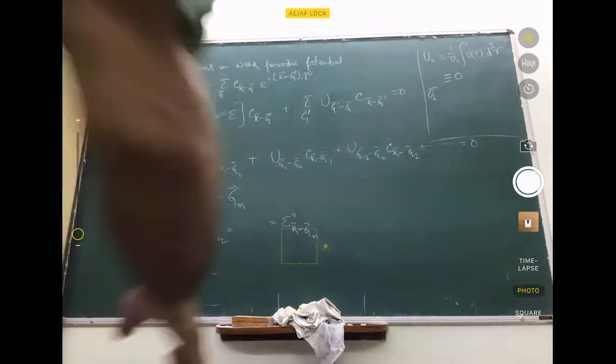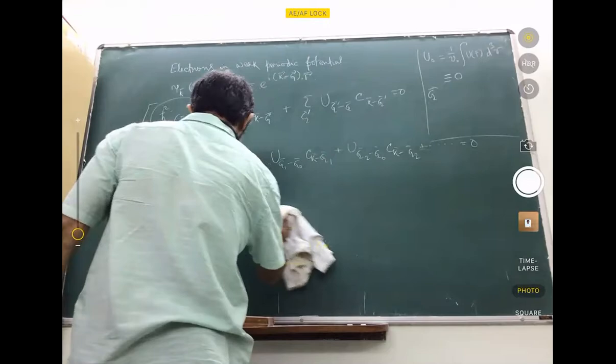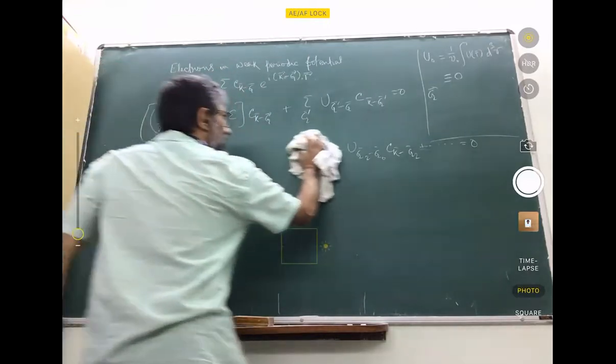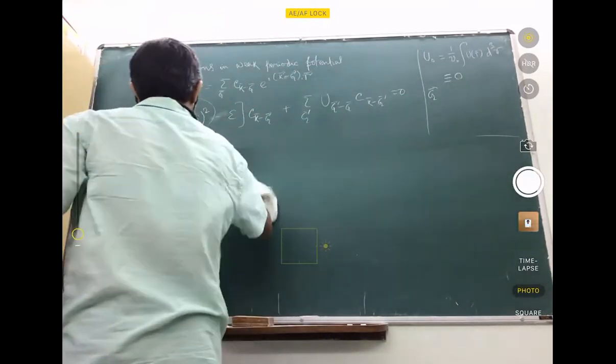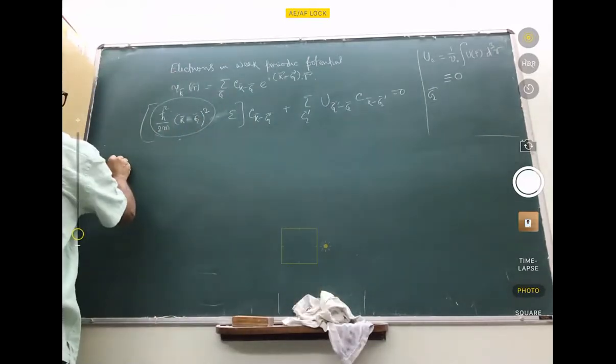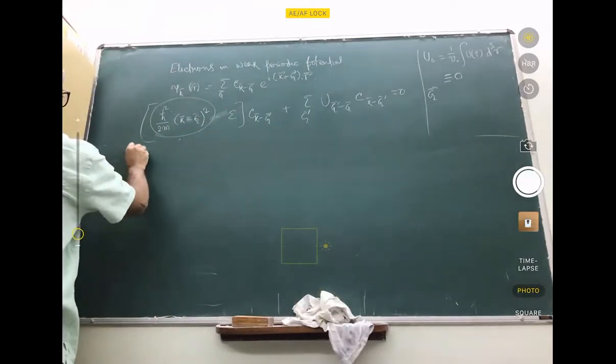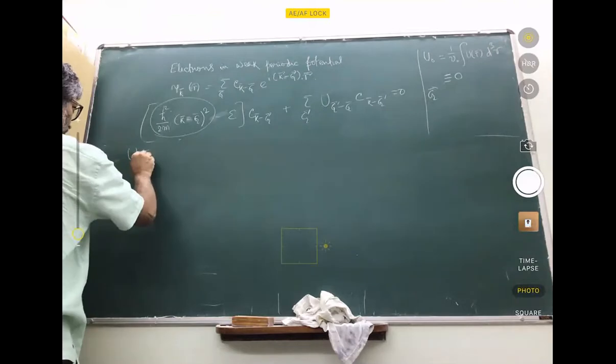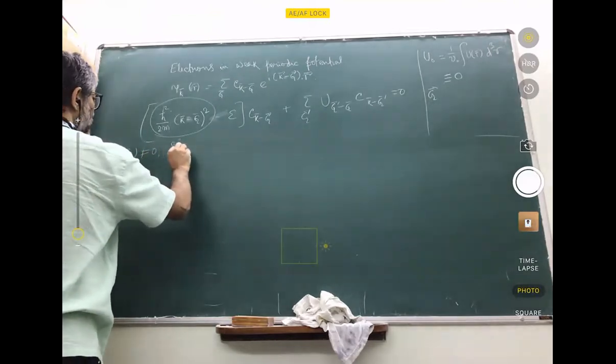So case 1, the earlier case, was that there is no degeneracy. Now here, what we really mean is, so now we have U not 0, but small.